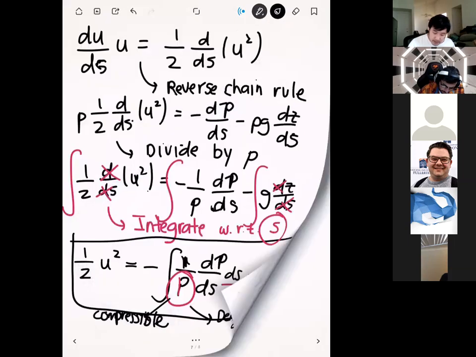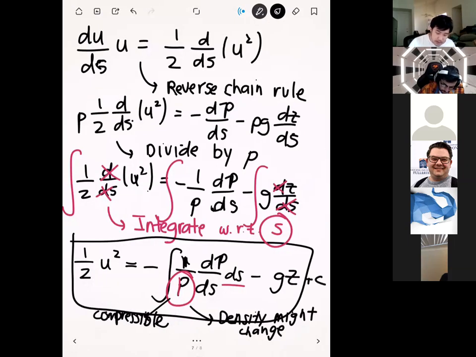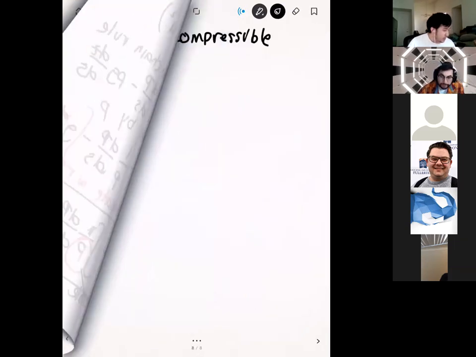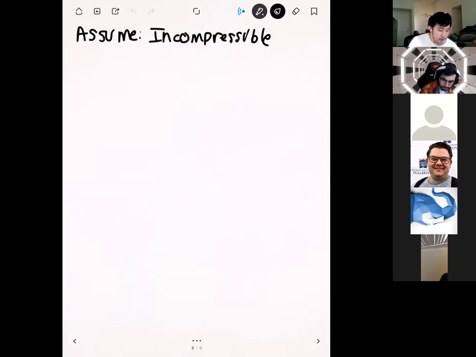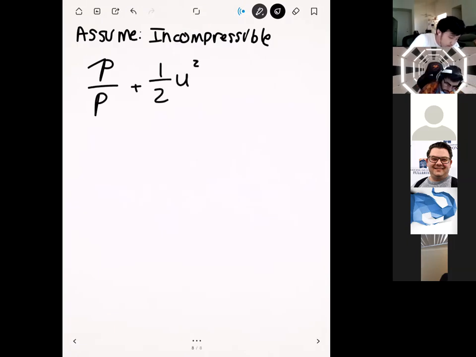Oh, one thing I forgot to add here is that since we're doing an indefinite integral, there has to be a constant of integration, c. And that's actually going to be important. So if we assume incompressible and we move some of the terms around, then we arrive at the final form of the Bernoulli equation, which is P, pressure, divided by the density, plus 1/2 u squared, plus gz, is equal to a constant.